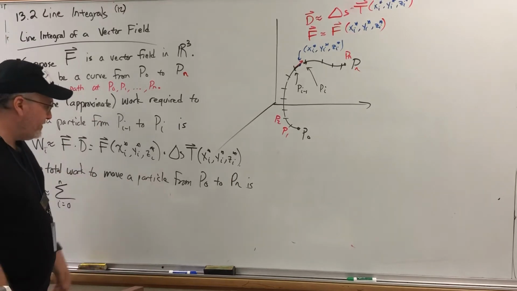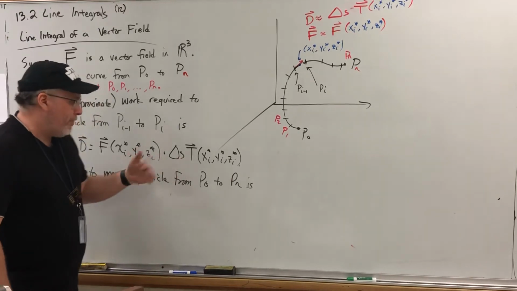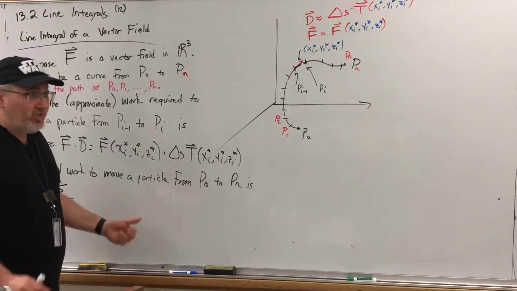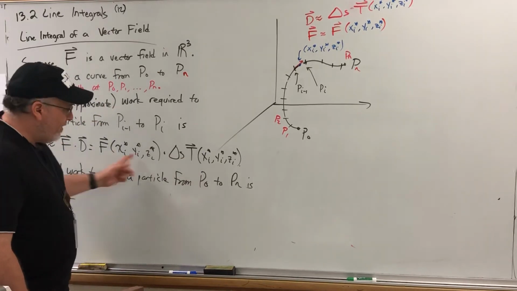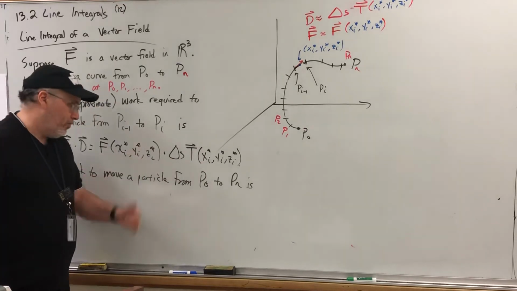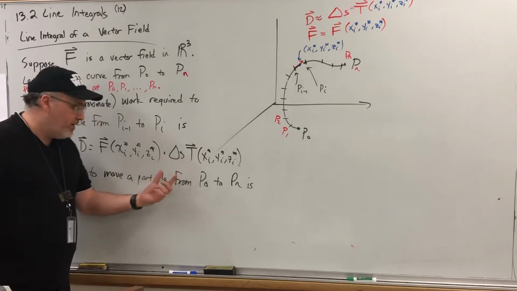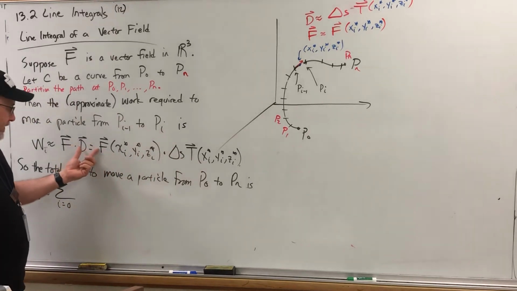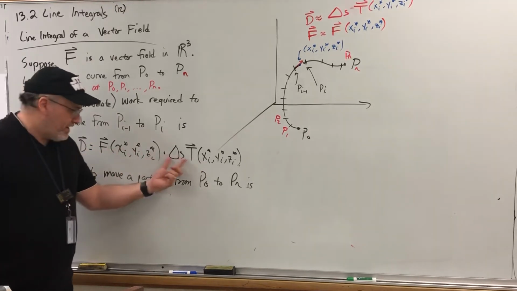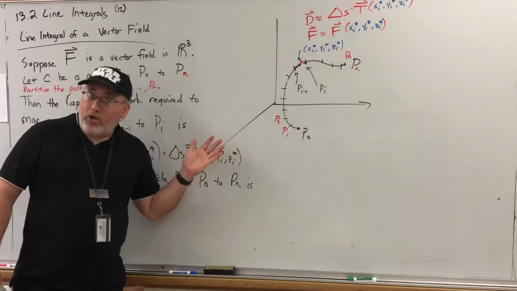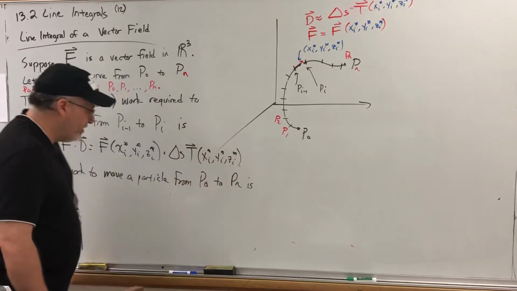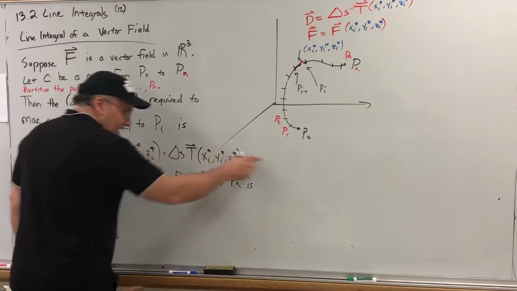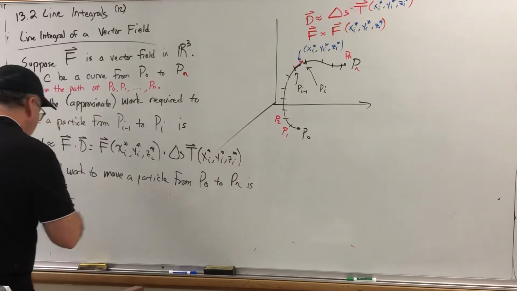Now, one thing I am going to do in order to make the transformation from Riemann sum to integral complete is take advantage of a property that in my calculus and linear algebra classes I call scalar fluidity. If you have a dot product and there's a scalar on one of your vectors, in this case the second one, the scalar is fluid in the sense that you can move it to the first vector, you can move it to the second vector, or you can wait until the dot product is done and then stick it at the end. I'm going to move this scalar to the end after the dot product gets completed.